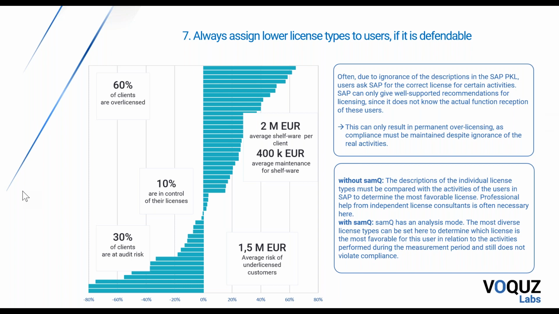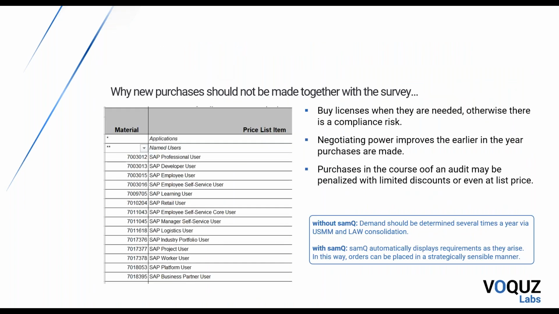Is it true that SAP doesn't offer limited professionals anymore? Yes, this is true. If you have limited professionals in your contract, you are entitled to go on buying them. A colleague of mine put this together. I suppose it is from the last price list, but you can see here that the limited professional user is not in here anymore.